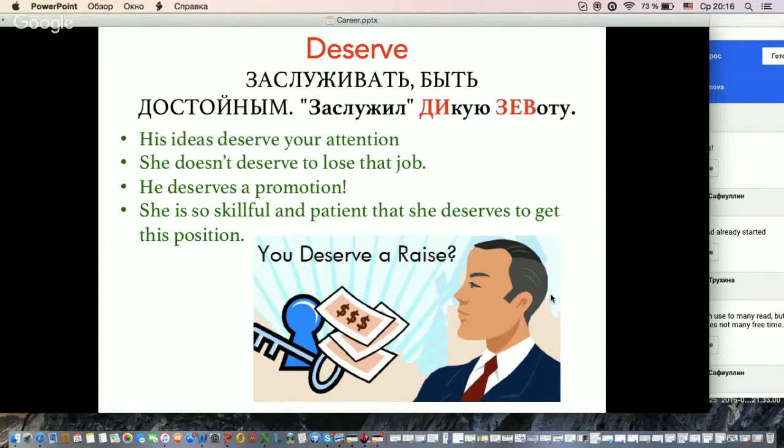He deserves a promotion. Он заслуживает повышения. She is so skillful and patient that she deserves to get this position. Она такая умелая и терпеливая, что она заслуживает того, чтобы получить эту должность. You deserve a raise. That is the phrase we can see in the picture. То есть ты заслуживаешь повышения зарплаты, имеется в виду.